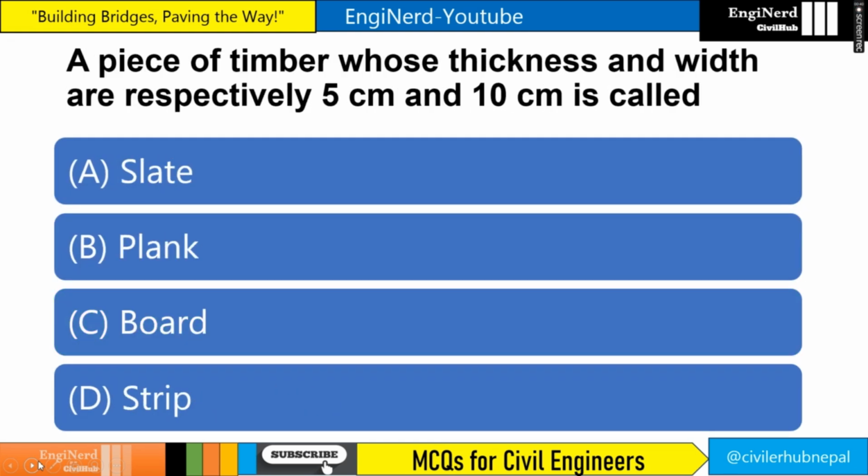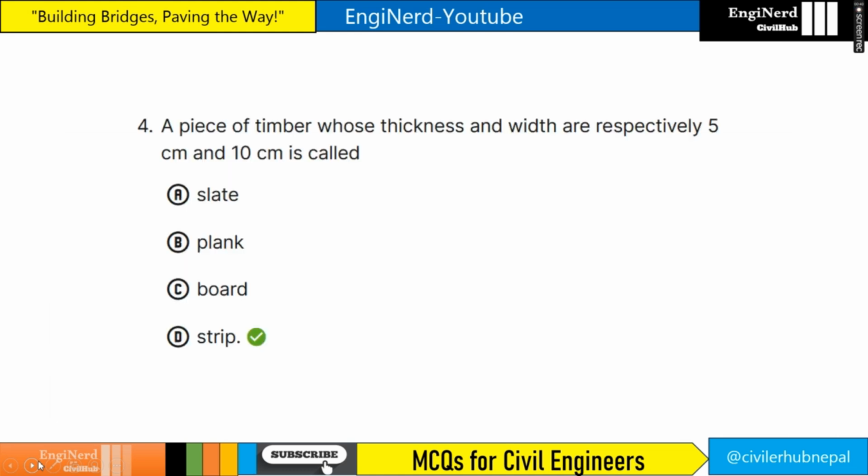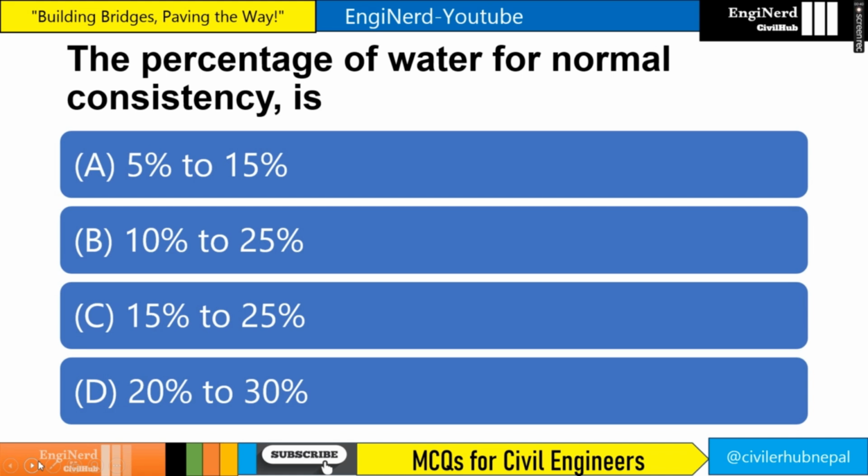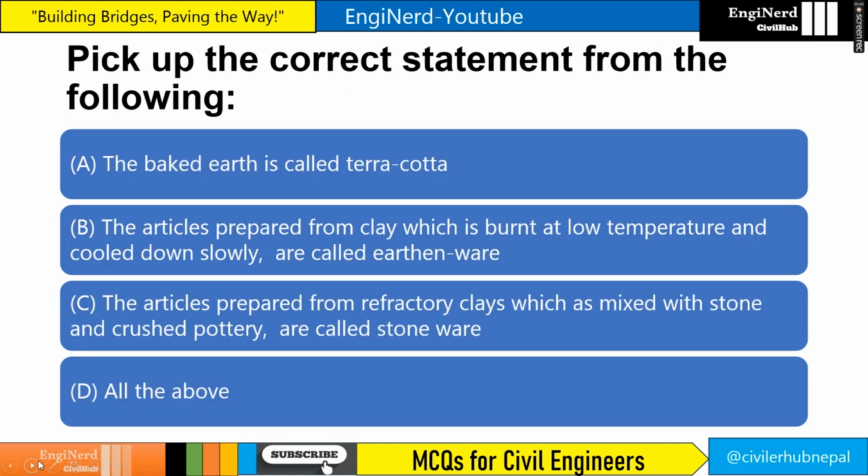A piece of timber whose thickness and width are respectively 5 cm and 10 cm is called strip, right? The percentage of water for normal consistency is 20 to 30% in this case. Pick up the correct statement from the following. The baked earth is called terracotta. The articles prepared from clay which is burnt at low temperature and cooled down slowly are called earthenware. The articles prepared from refractory clays which are mixed with stone and crushed pottery are known as stoneware.